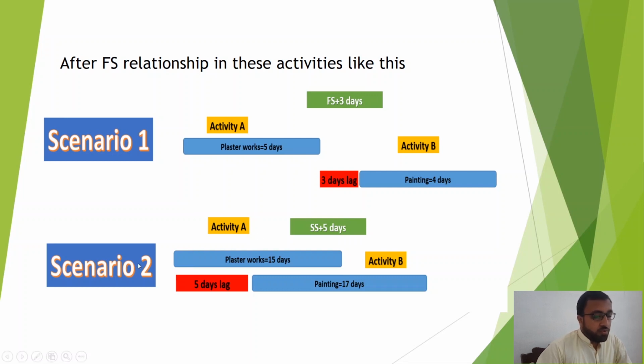Now we have scenario 2, start to start plus 5 days. So activity A and activity B are connected with start to start and have been given a lag of 5 days. So activity B will start after the 5 days of activity A has been started. So this type of relationship is called start to start plus 5 days.